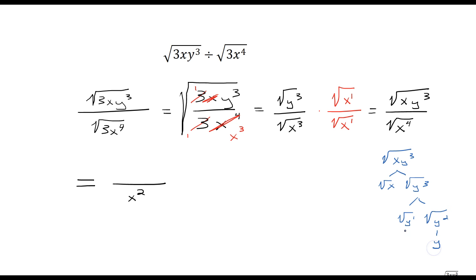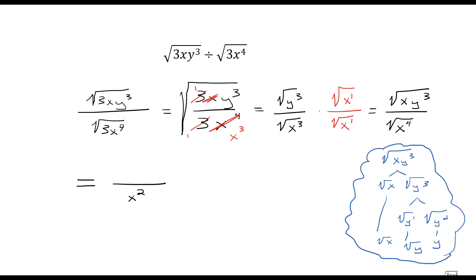This gives me y. These all come down as they were. Okay, so when I look at all that together, I can come over here and write y radical xy, and then I need to look at it and see if there's anything else I can cancel. I can't cancel the x's because one's under a radical and one's not. So this actually would be my final answer.